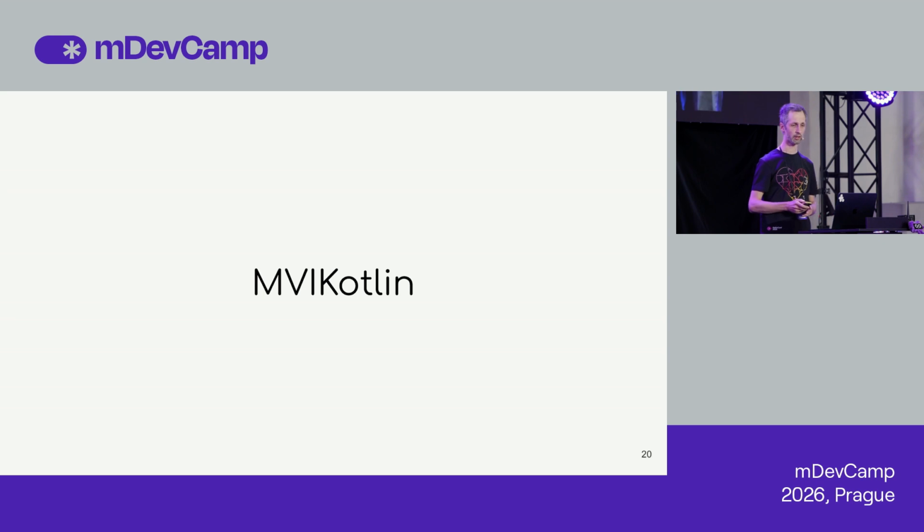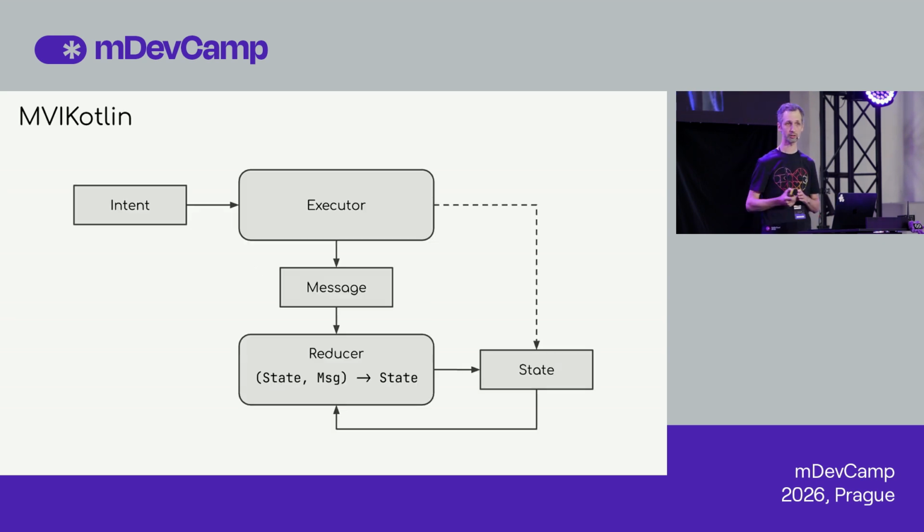So what about MVIKotlin? First of all, MVIKotlin is a library that I implemented maybe 6, 7 years ago. It's still relevant. I still keep it up to date, updating Kotlin versions, etc. The two main entities of the library are executor and reducer. We all know what a reducer is, but the executor is a dirty place where you can run side effects.